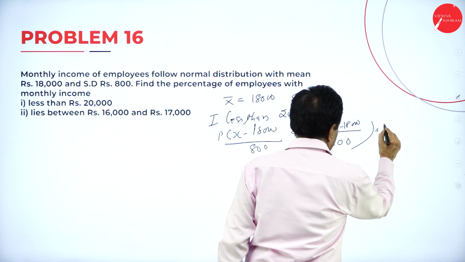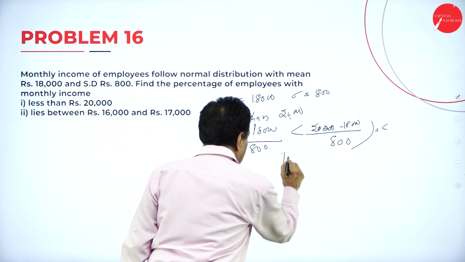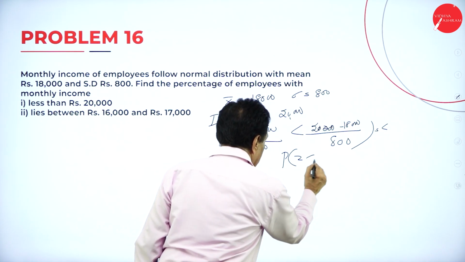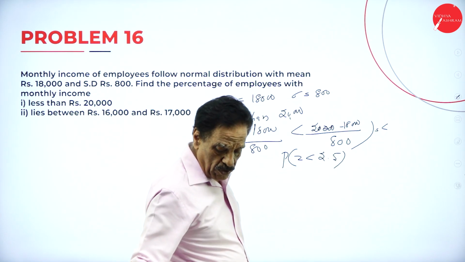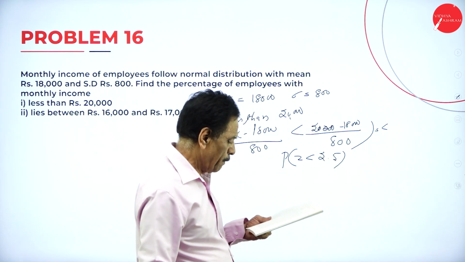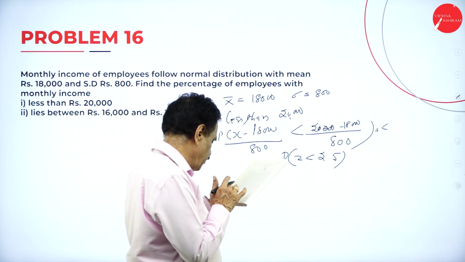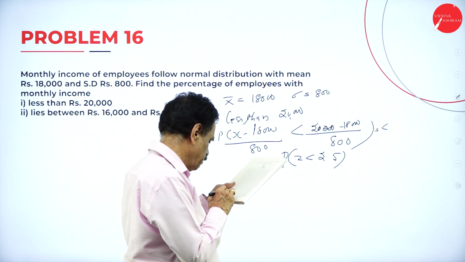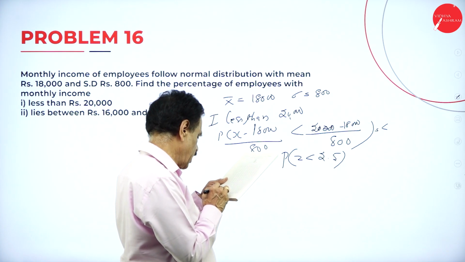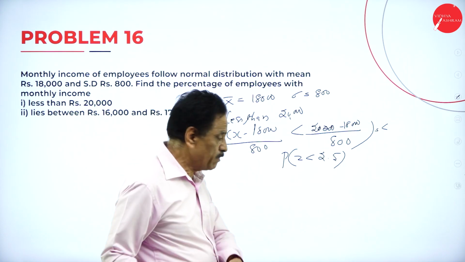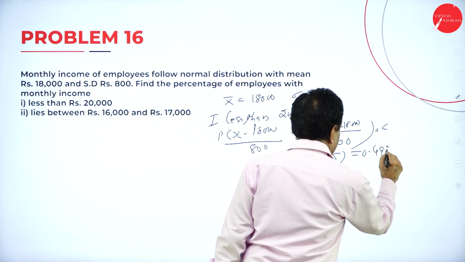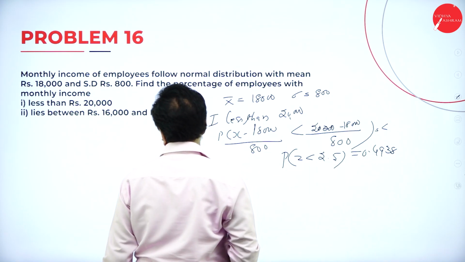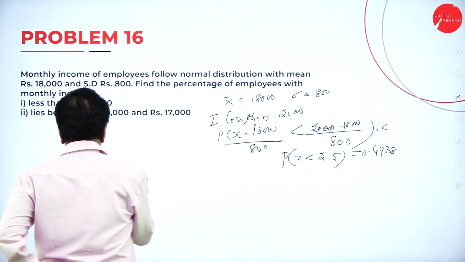Or we can say P of Z less than 2.5. Find out the value for 2.5. From the table, it is 0.4938. Put it in a graph.